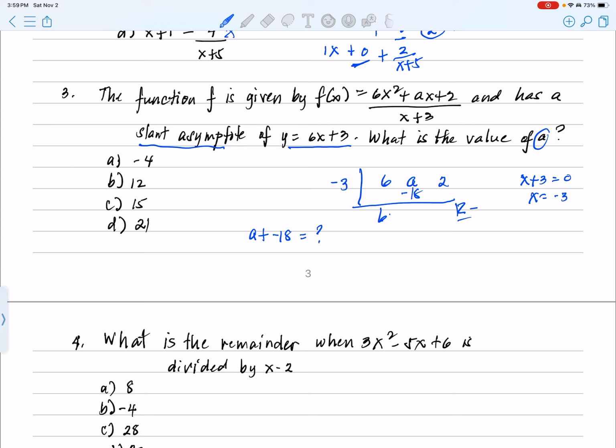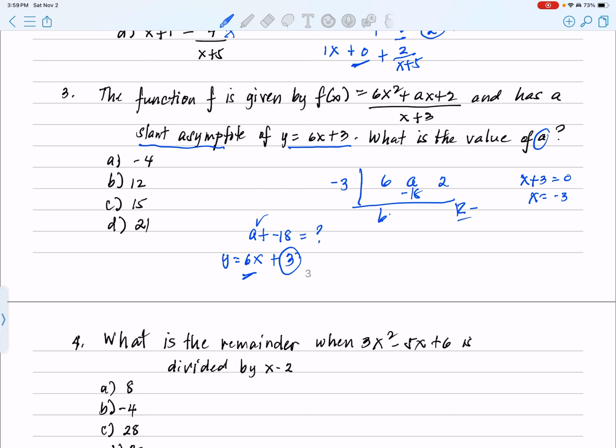Now remember, the slant asymptote is given: y equals 6x plus 3. We have the first term, but we are looking for that value that equates to a. And it says that value should be 3.